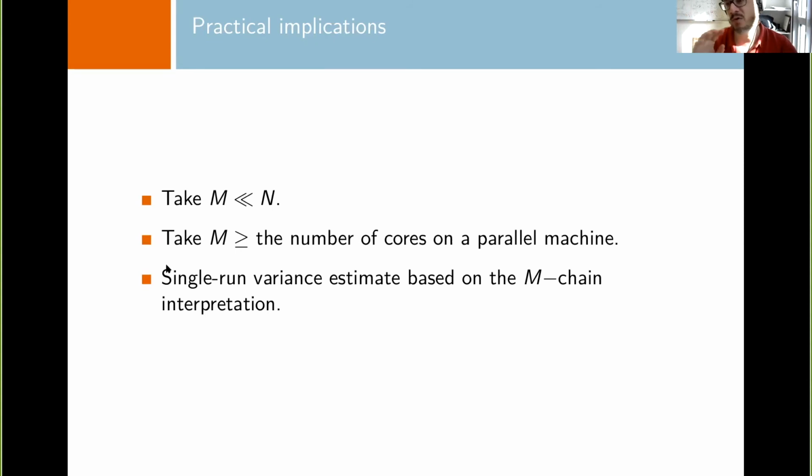In practical terms, you might still want to take M to be larger than the number of cores you have on a parallel machine, right? Because at the end of the day, you can parallelize the algorithm up to the point where you can divide the CPU work into M independent tasks. And again, you have this single-run variance estimate I mentioned briefly.